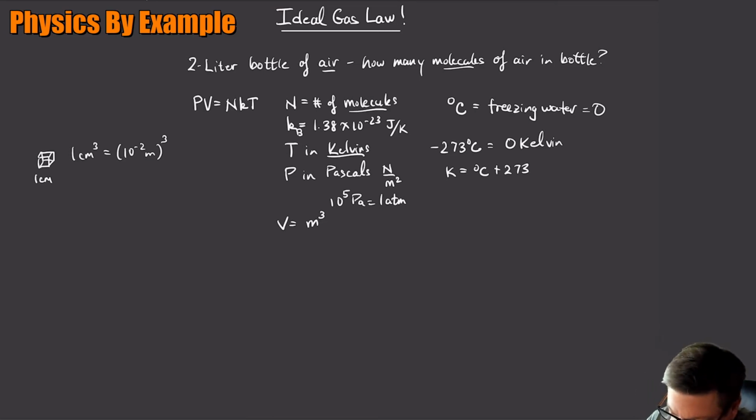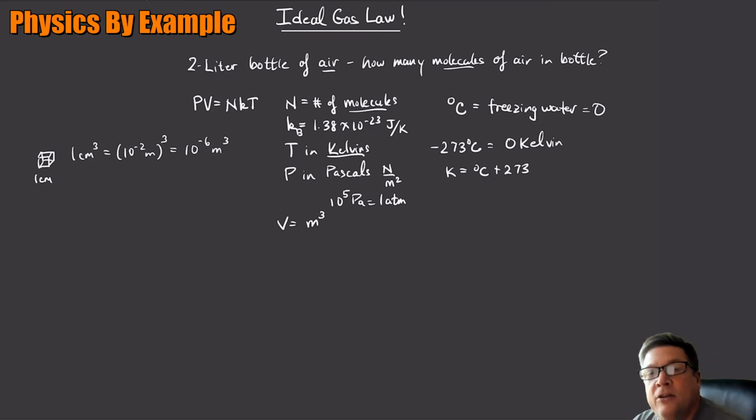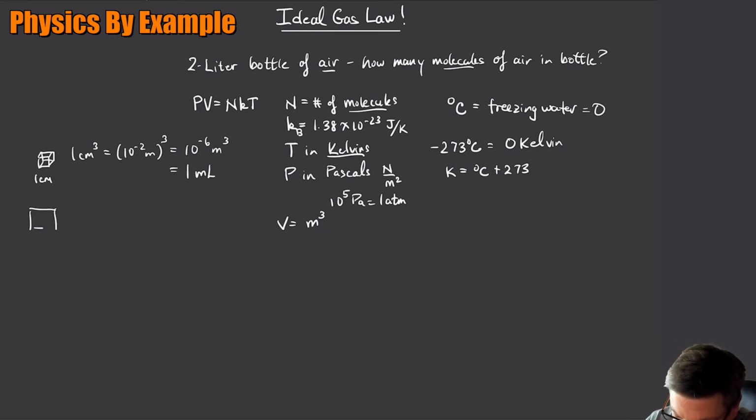So this is going to be 10 to the minus 6th cubic meters. There are 1,000,000 cubic centimeters in a cubic meter, not 100. Be careful of that. So you have to cube the thing. And by the way, this is also called 1 milliliter. That's the connection.